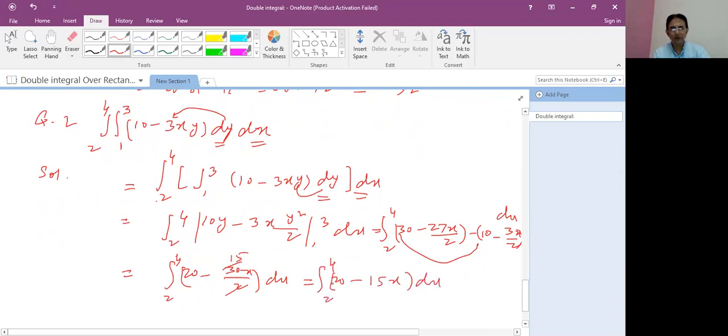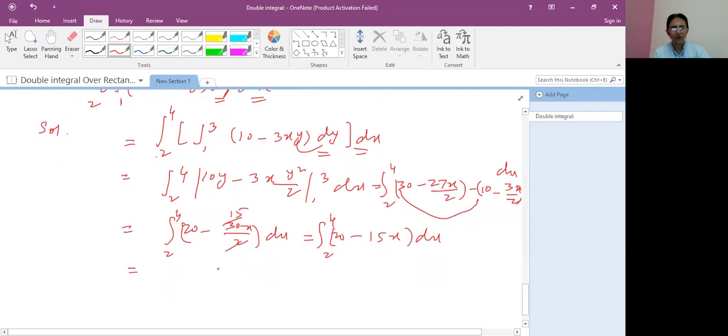After simplifying, 20 minus 15x dx, we integrate with respect to x. The integral is 20x minus 15 times x square over 2. Applying the upper limit: 20 into 4 is 80, minus 4 square is 16, 16 divided by 2 is 8, and 15 into 8 is 120.